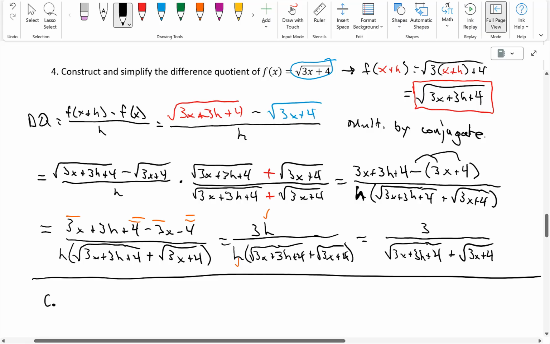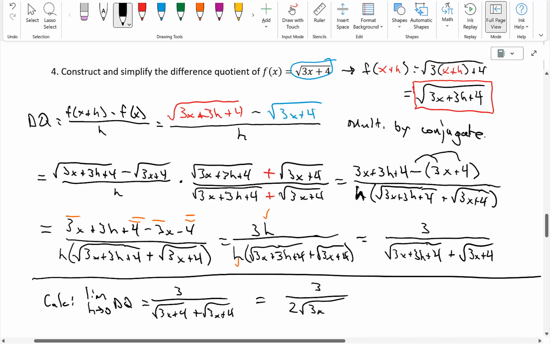Our calculus preview, we take the limit as h becomes 0 of this difference quotient, and we would get a 3 over square root of 3x plus 4 plus the square root of 3x plus 4, which we can reduce to 3 over 2 times that square root of 3x plus 4. Right? We'd have like terms down there. One 3x plus 4 plus another one would give us 2 of them.